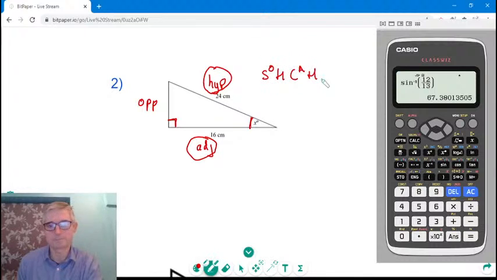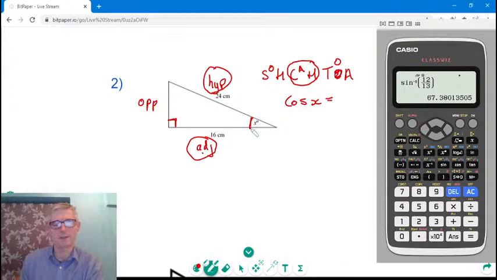And so if we again just write down SOHCAHTOA. Oh, TOA, I was going to write that. I'll just write that up there. TOA. We can see that what we've got is the adjacent and the hypotenuse, so we have to pick this one, which is the cos. So we can say cos of the angle x is equal to the adjacent over the hypotenuse.